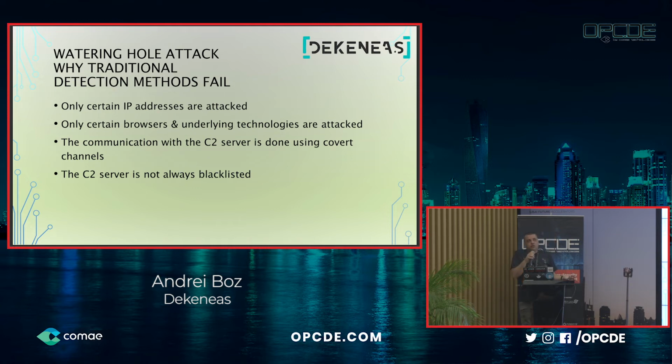So basically, to anyone looking in the logs, this would look like someone was surfing the web, and nothing suspicious was going on. Also, as I stated previously, the command and control server is not blacklisted because it can be a legitimate website, a legitimate server that at this point in time serves as a command and control server for certain attackers.